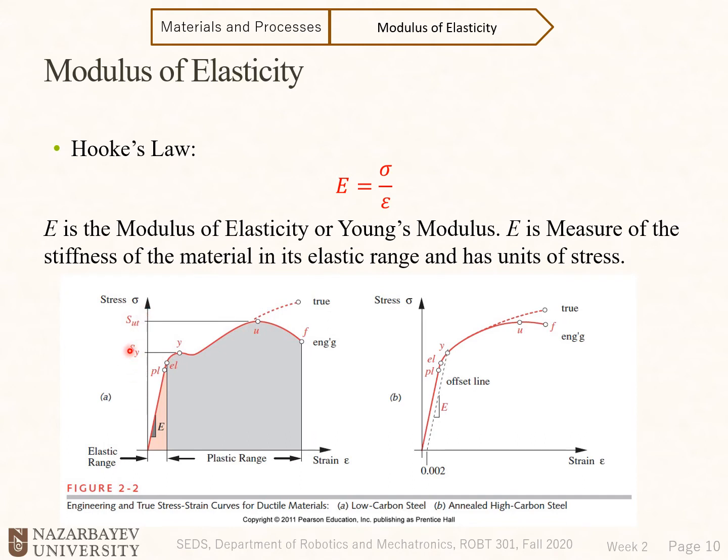We have yield strength, ultimate tensile strength, yield point, plastic point, elastic point, ultimate point, and fracture point. And we have two types of graphs here: the engineering graph and the true graph.